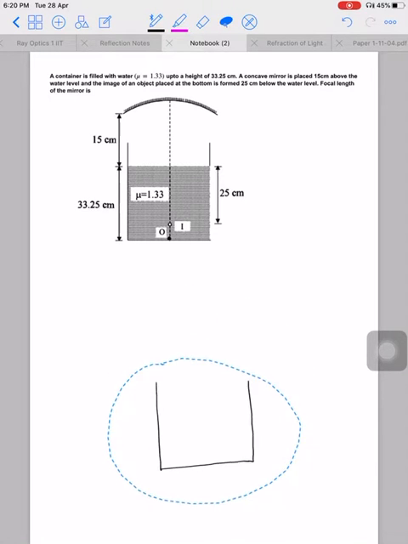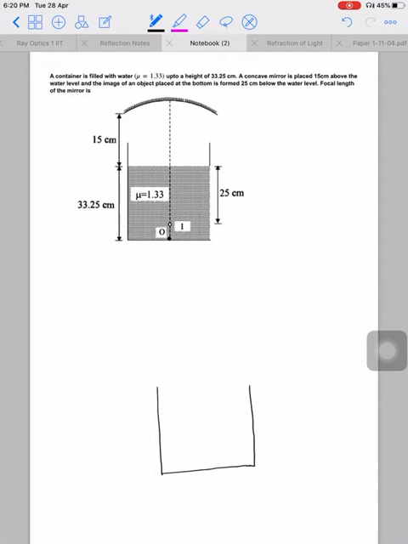Consider first refraction. Here object is at the bottom, so it is at a distance 33.25 centimeter from the interface. Light undergoes refraction when light is traveling from water to air.